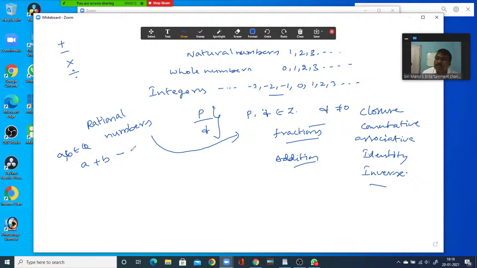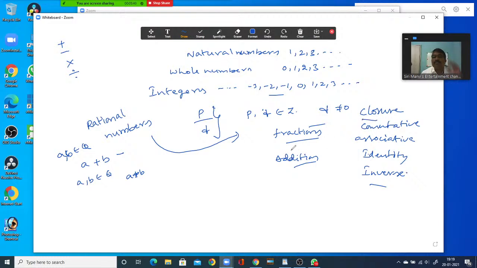That is called closure property. So rational numbers are closed under addition. Then if a, b are rational numbers, a into b is also a rational number. That's why rational numbers are closed under multiplication.